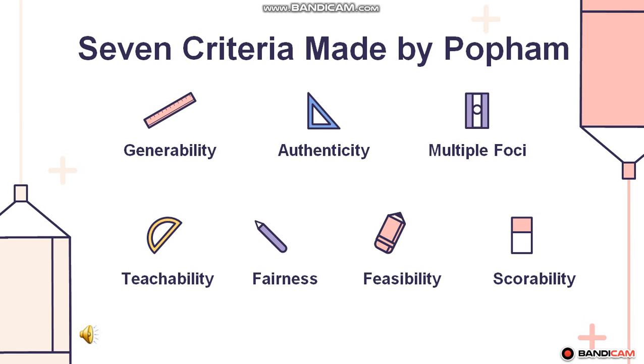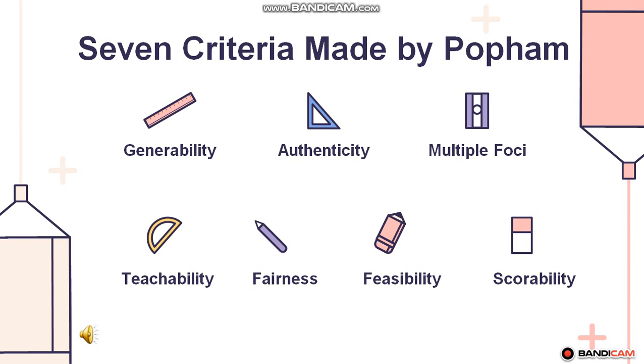And then authenticity means that the task given is similar to what students often face in daily life. And then multiple foci means that the task given to the test participant measures more than one desired ability. Then teachability means that the assignment given is one whose results get better because of the teaching efforts of the teacher in the classroom.